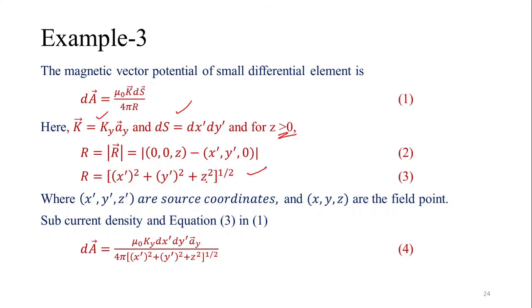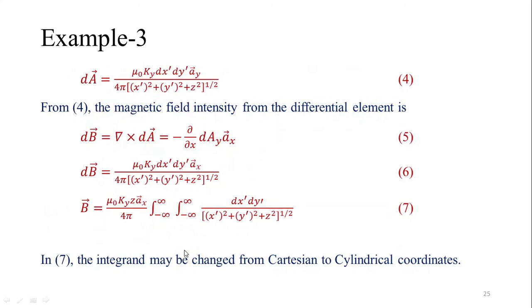So if you take r, you will get this, where x dash, y dash are the source coordinates and x, y, z are the field coordinates. By substituting 3 in 1, you will get dA is mu naught Ky dx dash dy dash ay divided by 4 pi into (x dash square plus y dash square plus z square) power 1 by 2.